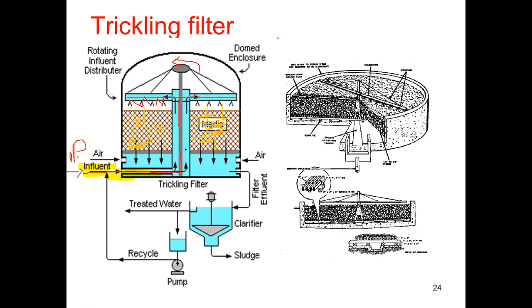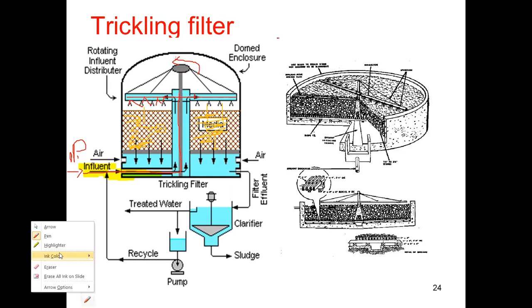While wastewater is flowing from top to the bottom, the wastewater contacts the microorganisms attached to the inert material. During that time, the microorganisms eat the organic matter in the wastewater and convert it to simple end products.